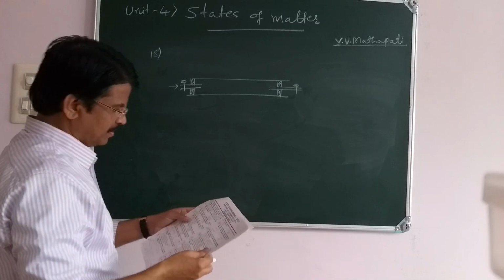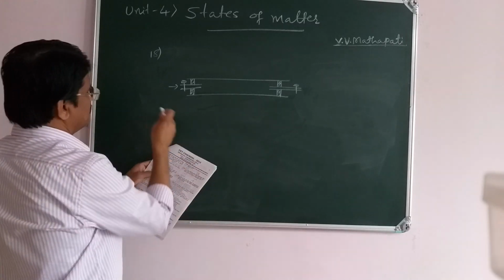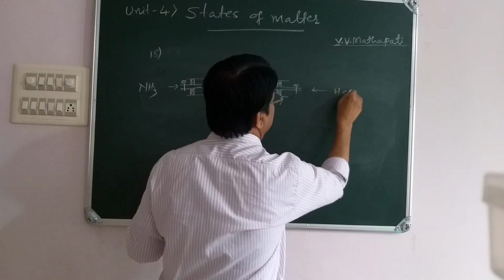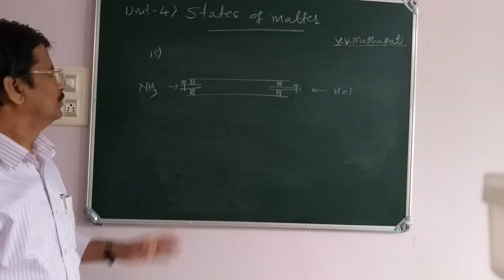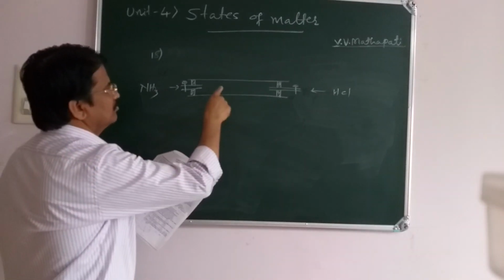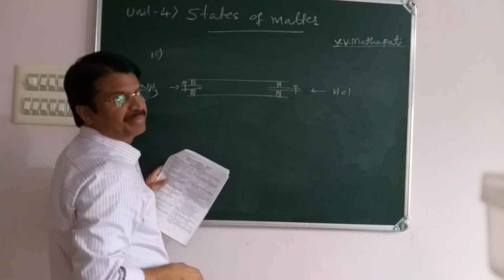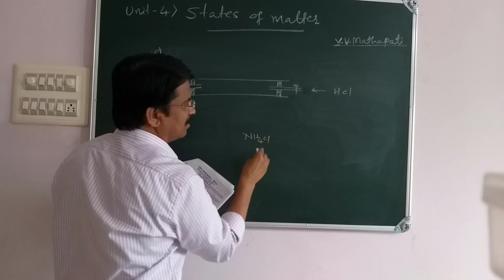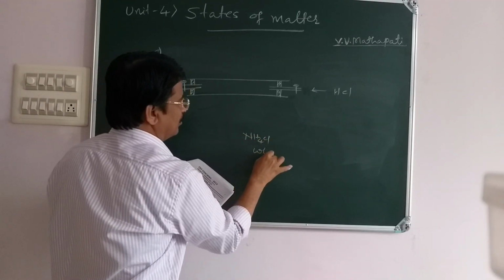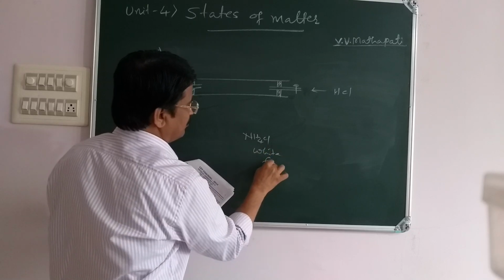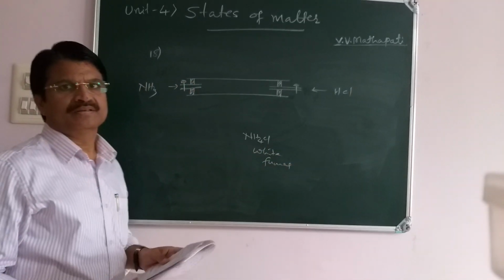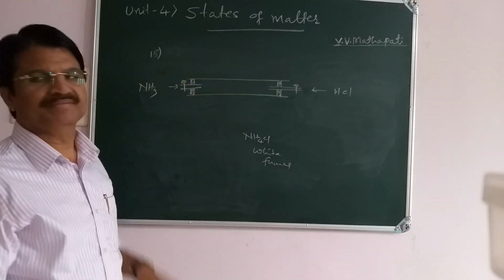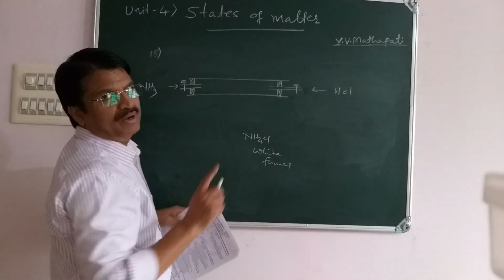From one end it's NH3 gas, from the other end HCl gas. Two gases are passed through a long glass tube. Our question is where actually NH4Cl or white fumes are formed, whether nearer to HCl, nearer to ammonia, or in between.